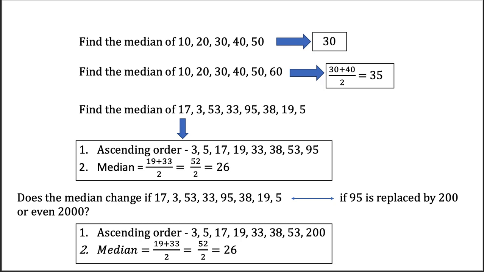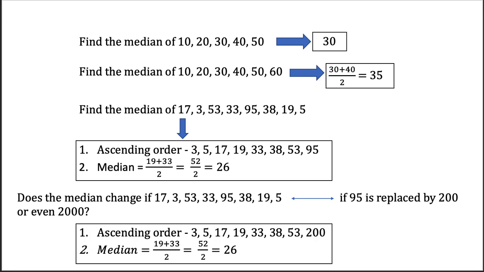So let's say a few numbers here. A couple of questions that we can solve, easy questions at that. Find the median of 10, 20, 30, 40, and 50. As I said, the first and foremost thing we need to do is arrange them, but in this case it's already in ascending order, so you don't need to do that step.